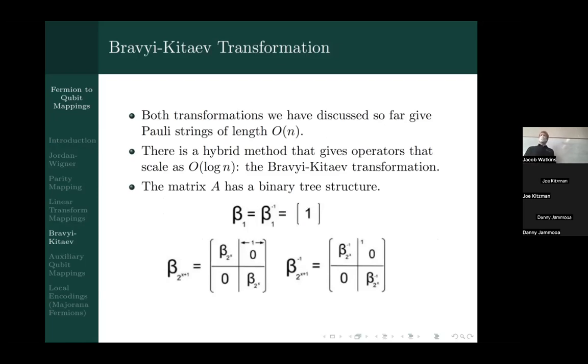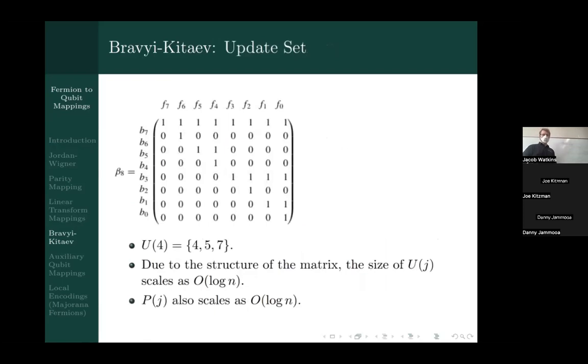And it obtains this using a binary tree structure. And you can recursively generate the matrices. And here's an example of what it looks like with 8 fermions.